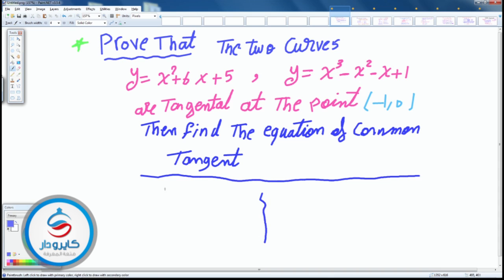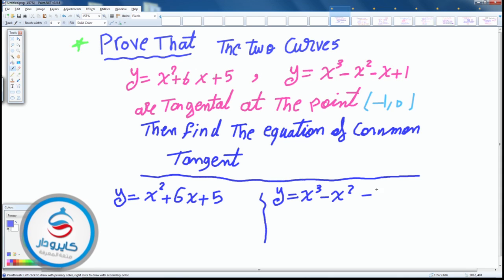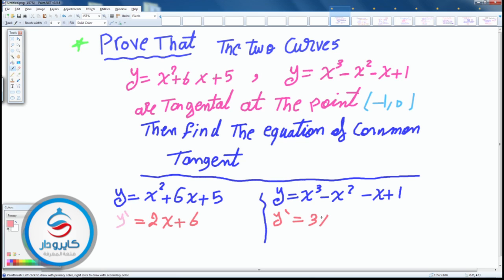Directly, we have to write the first curve, y equals x power of 2 plus 6x plus 5, and here is y equals x power of 3 minus x power of 2 minus x plus 1. We are going now to find y dash for both, the first derivative. The first derivative is 2x plus 6, and this one is 3x power of 2 minus 2x minus 1.